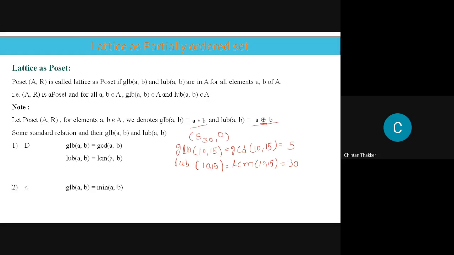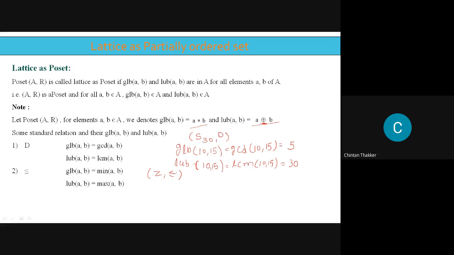Okay. Then second, we have the relation less than or equal to. In the less than or equal to relation, the GLB is the minimum of A, B and the LUB is the maximum of A, B. So if we consider Z comma less than or equal to, it is a poset.